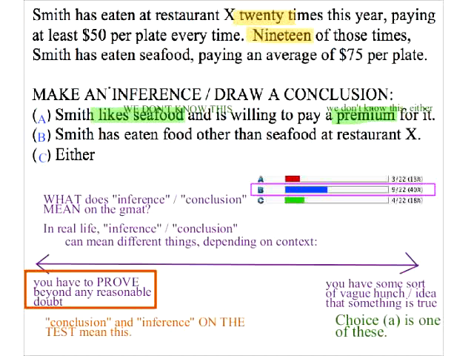It's not just that Smith has been there, Smith has actually eaten 20 times. So there was at least once where Smith ate something that wasn't seafood. So we know this. It's not a particularly interesting statement. It's kind of boring, to be honest, but it works. And you can prove it beyond a reasonable doubt. So B.